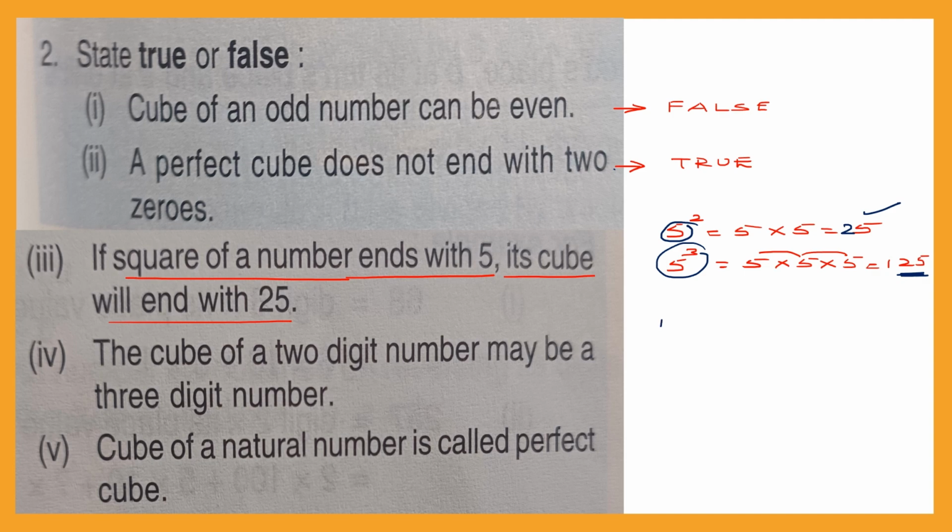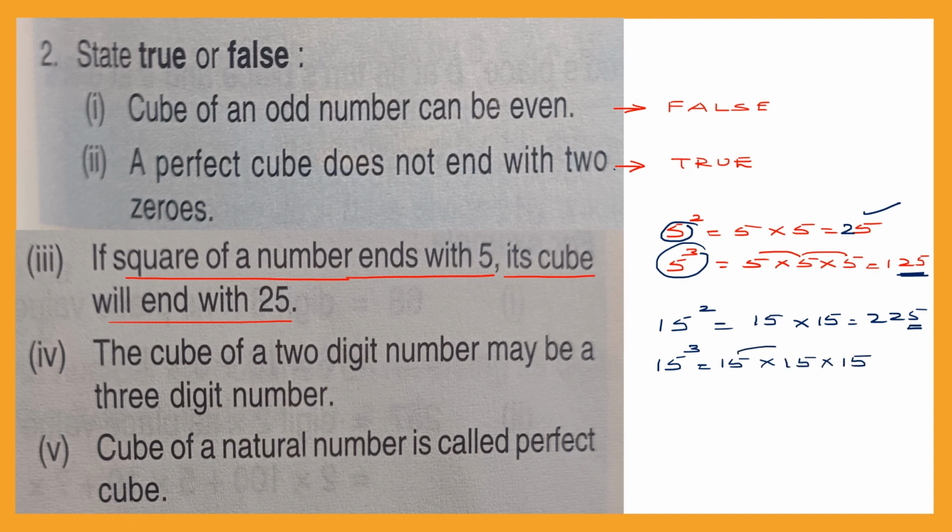But let's take another number, 15. 15 square is 15 into 15, which is 225. This is ending with 5. So the first part is correct. Now if we take 15 cube, how much is 15 cube? That is 15 into 15 into 15.